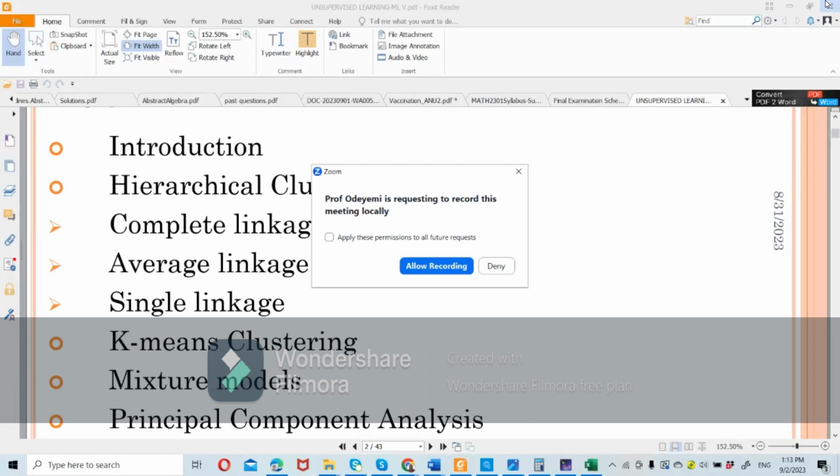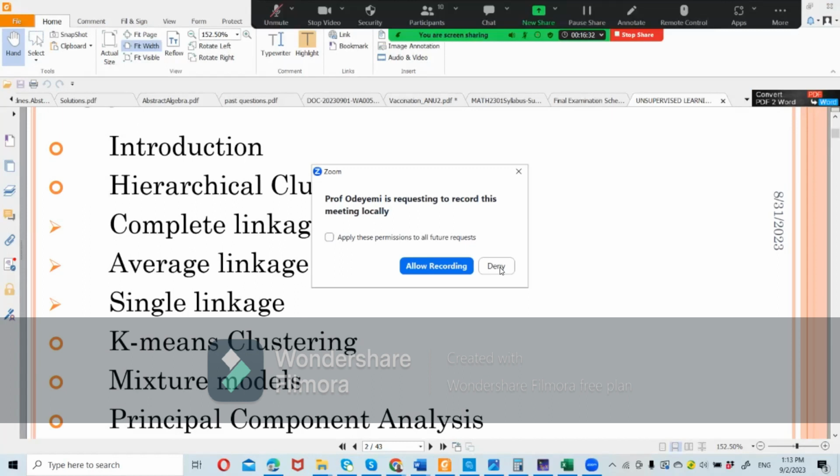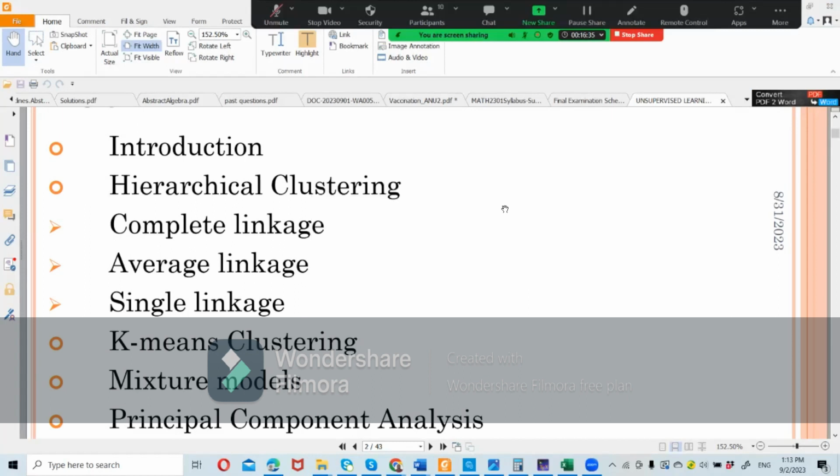That is a lab session. But today, we are going to proceed and look at unsupervised learning, talking about clustering and principal component analysis.